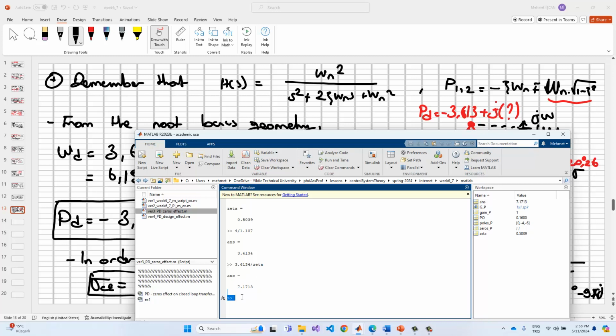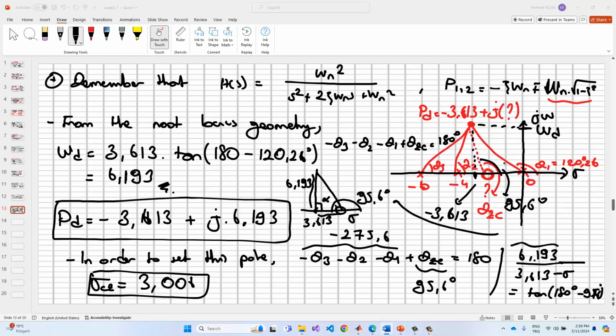And what's the value of omega d here? Omega d is omega n times the square root of 1 minus zeta squared. If we find this information, then omega d can easily be obtained with this relation.